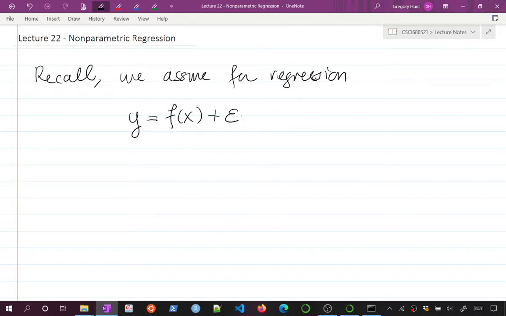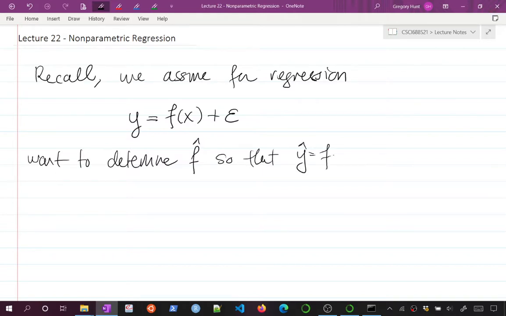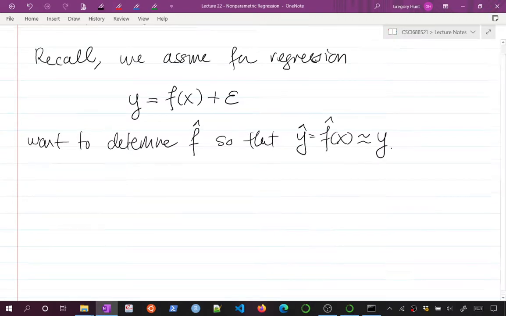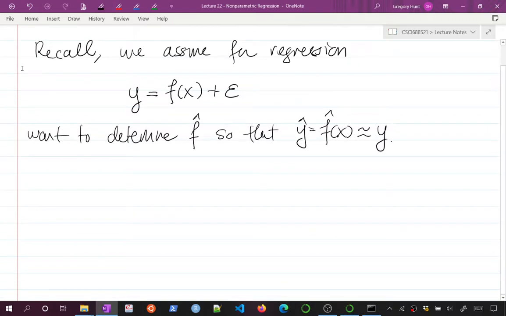Y was some f of x plus some error epsilon. And we wanted to determine f hat so that y hat, which is f hat of x, approximately gives us back our y, right? So this is like the main problem in the whole course.